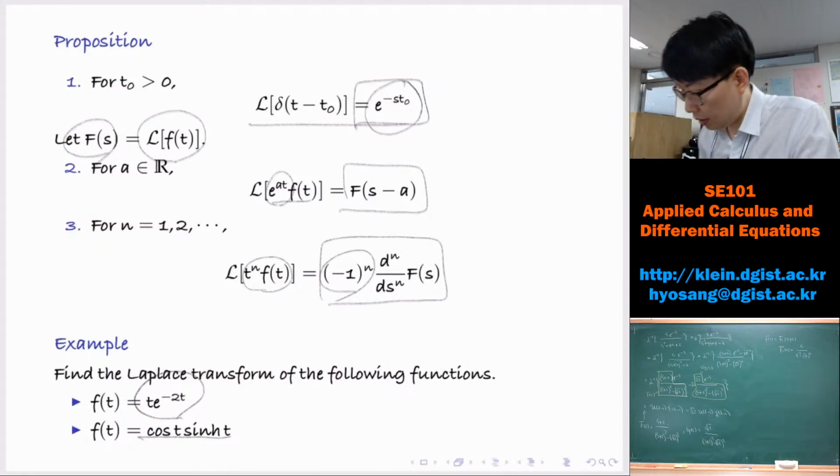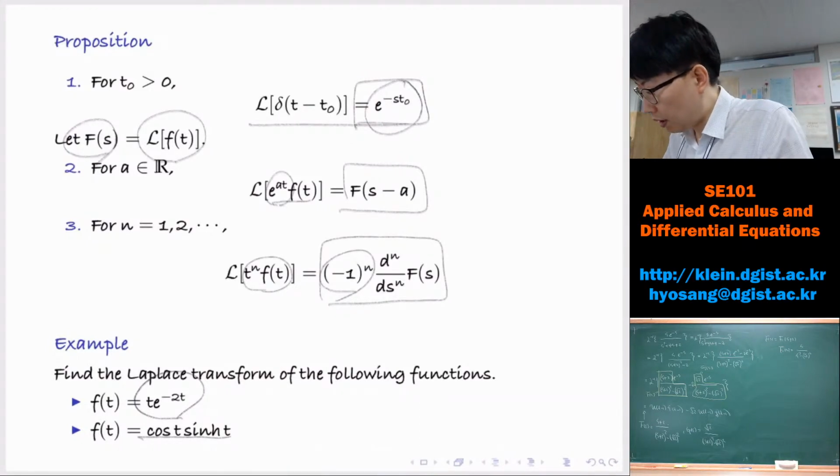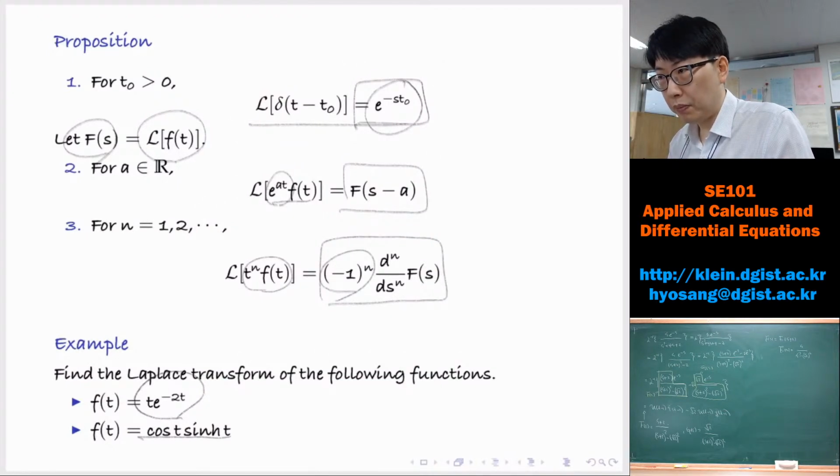In the second proposition, we have the result of e to the at f of t, the shifting of the Laplace transform. So I'm going to use that.